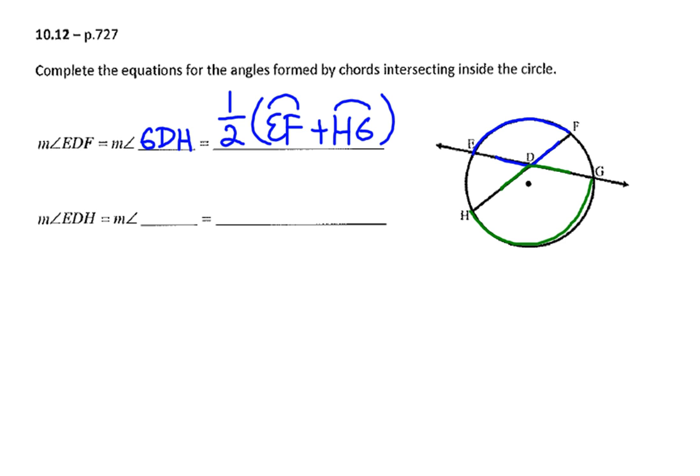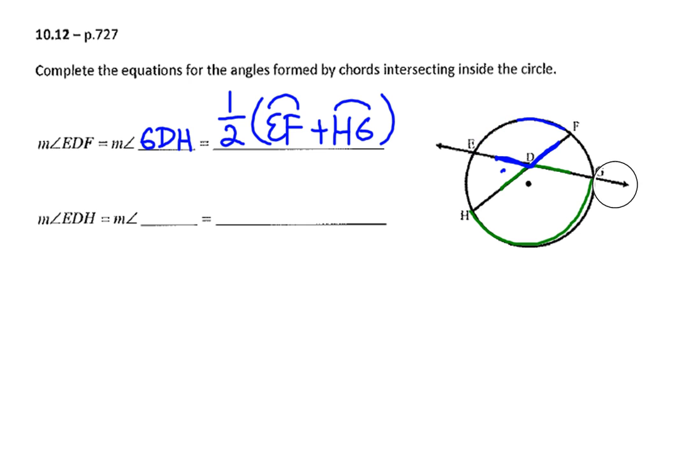Now, if I wanted to find one of the other angles, once I found this angle, I could subtract it from 180 to get this angle.